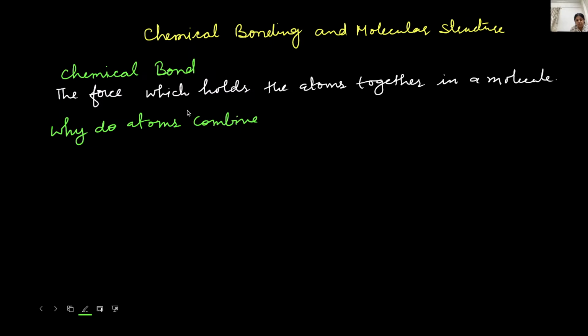If we look for the answer, why do atoms combine, according to the Kossel-Lewis approach, this is the name of the scientists, he stated that atoms combine in order to complete their octet.